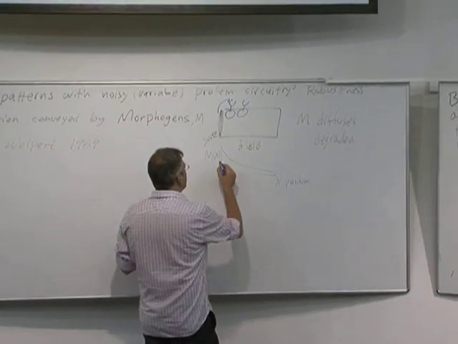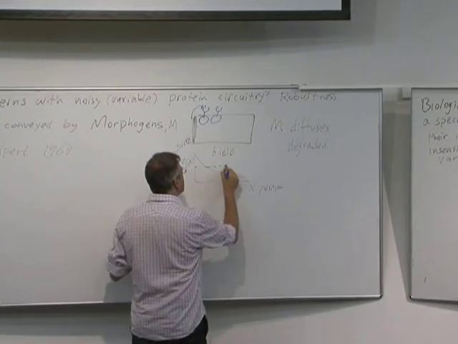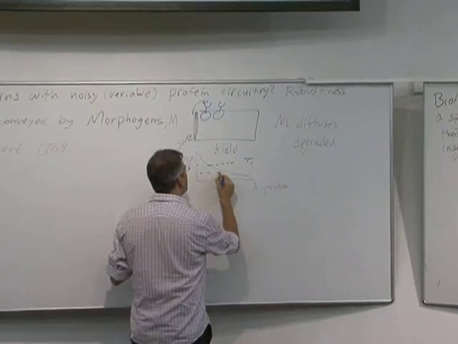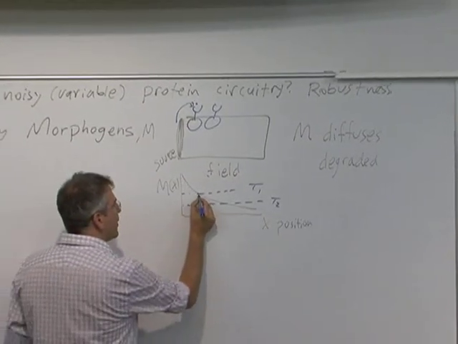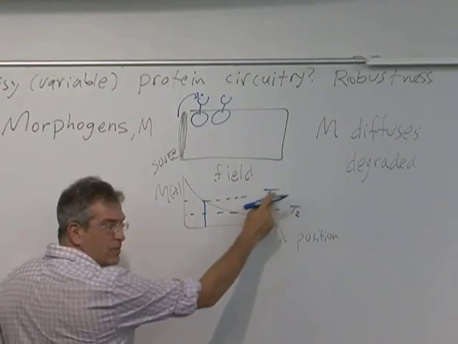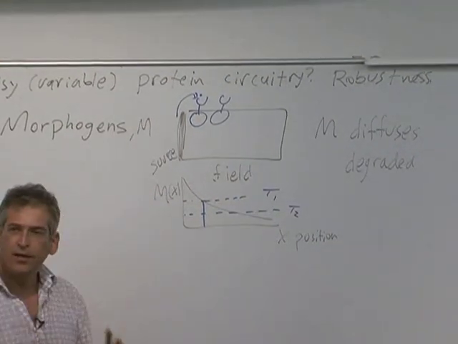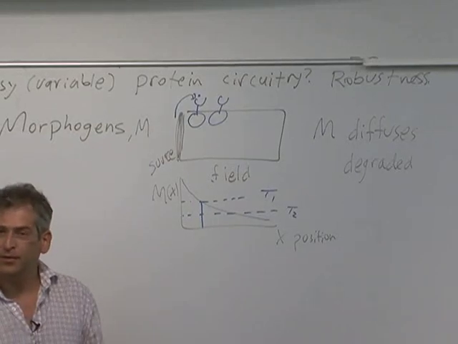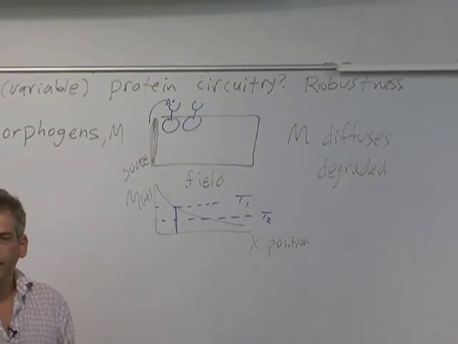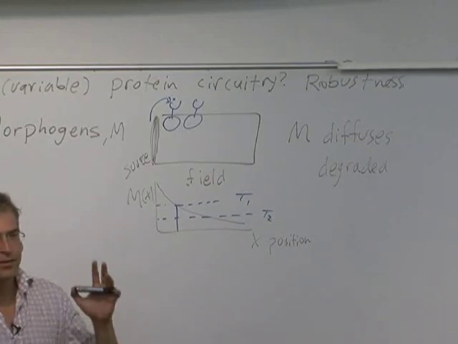And there are thresholds of concentrations. This is one threshold. This is the second threshold. Cells where the concentration is higher than this first threshold decide, oh, I'm probably close to the source, so I'm going to become, let's imagine, cells of the head.